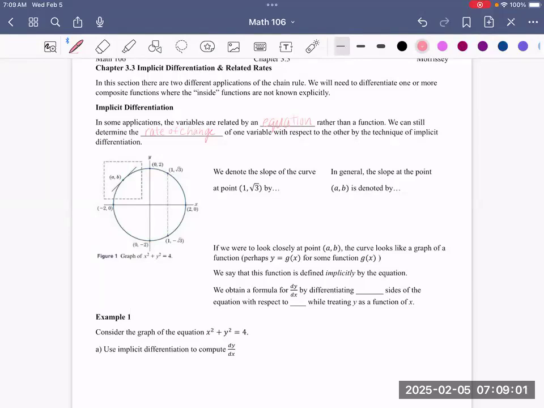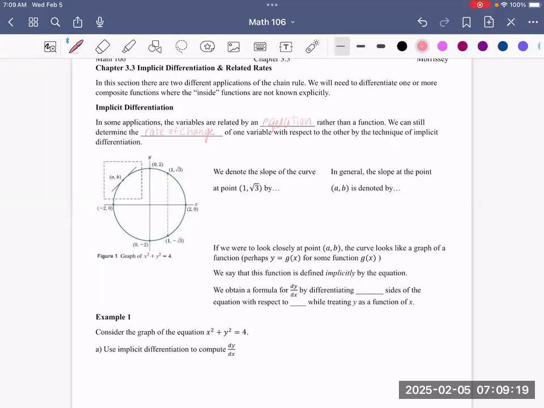So what you're going to be seeing is that we're going to have more than one variable, and now we need to differentiate both variables at the same time, where one variable is going to be the primary variable, and your second variable is going to be differentiated, but in terms of the first.